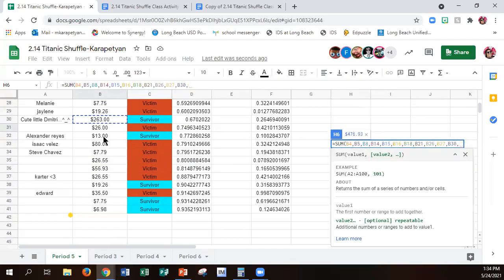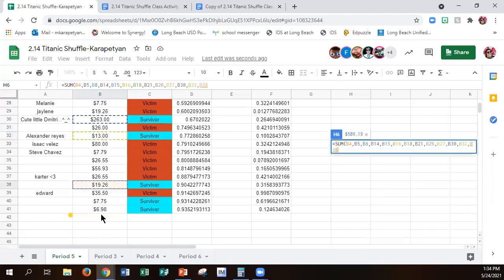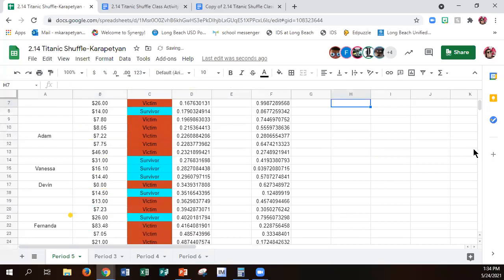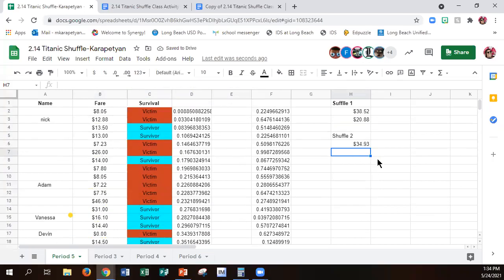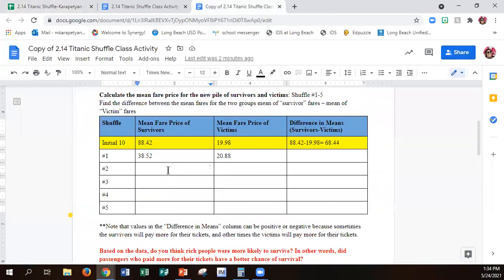Okay, so 34.93 is the mean fair price for the survivors for our second shuffle.